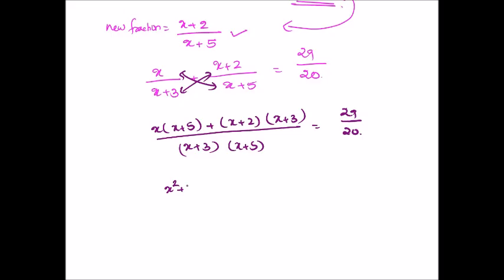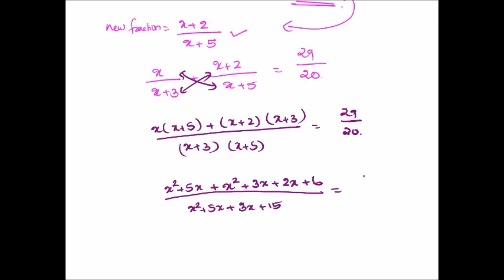Expanding: x square plus 5x plus x square plus 3x plus 2x plus 6, the whole divided by x square plus 5x plus 3x plus 15, that's equal to 29 by 20.